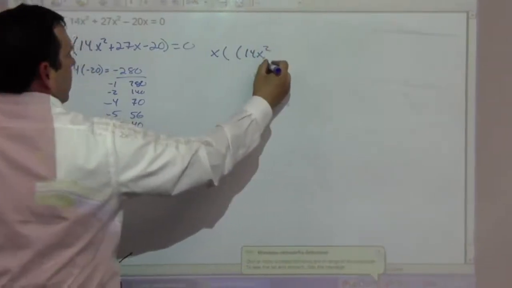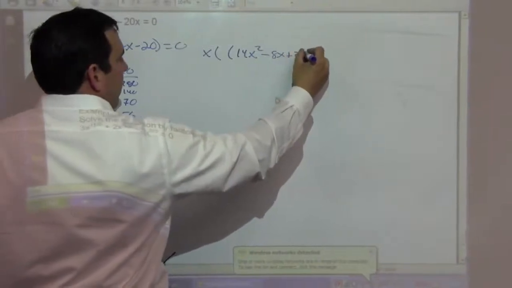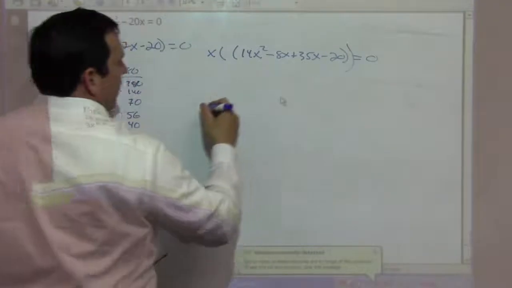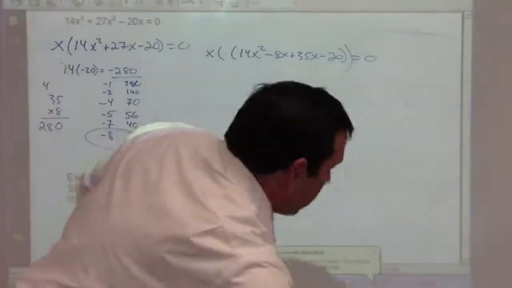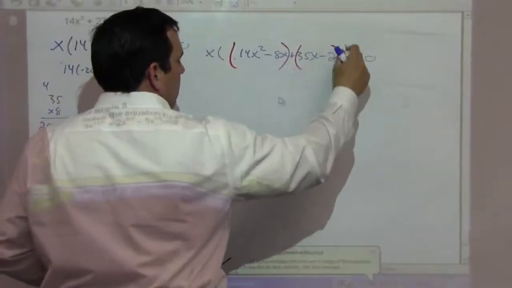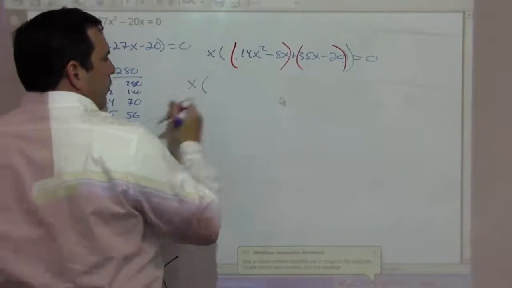Okay, so that means we're going to have x times the quantity 14x squared minus 8x plus 35x minus 20. Now I want to do some parentheses around here like this. So we'd have x times the quantity.